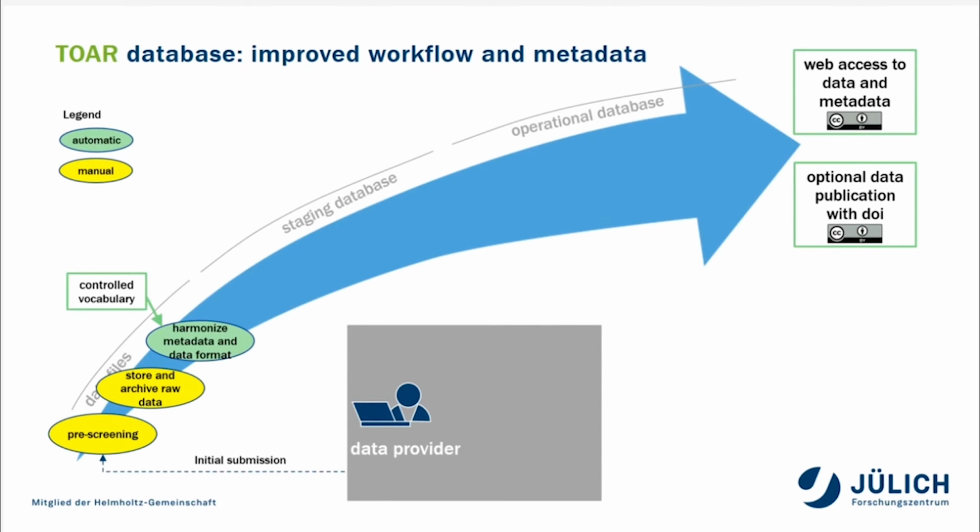And then a big step happens in terms of harmonizing the metadata and the data format. I think I'm saying this quite frequently, but you just don't believe how many different ways of adhering to a standard data format can happen. And so very often there are even minor corrections necessary.